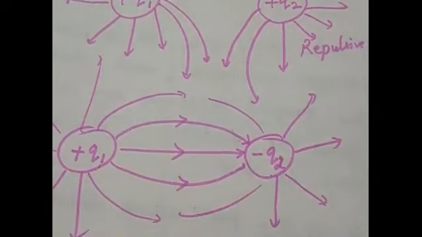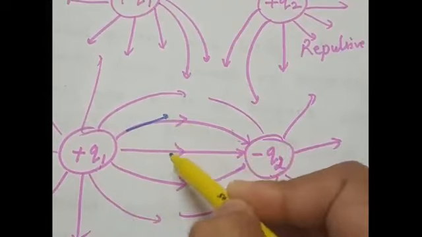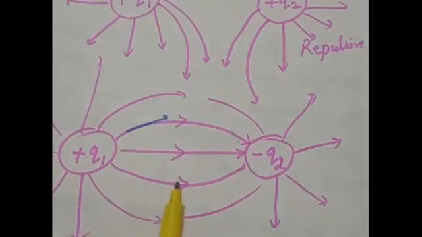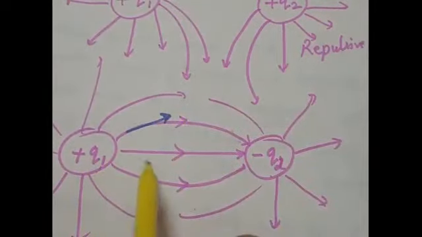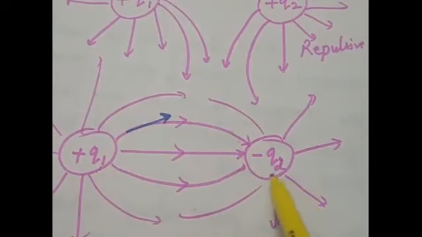And we are talking about how the tangent to the line gives the direction of the electric field. That means if we draw a tangent to this line at any point, it gives the direction of the electric field. From this we can understand that electric field lines are going from the positive Q1 charge to the negative Q2 charge.